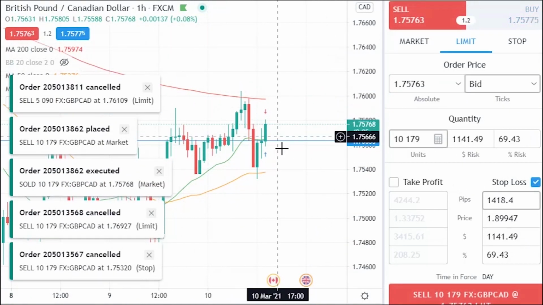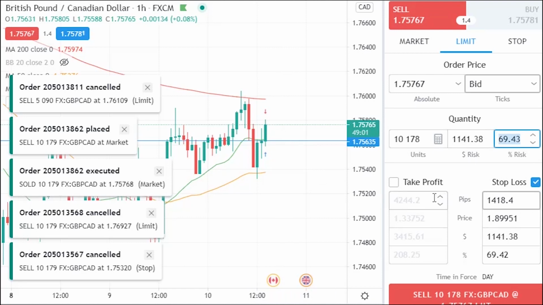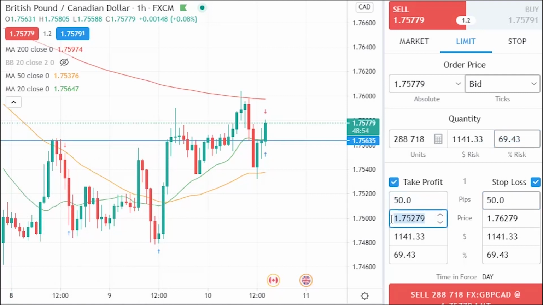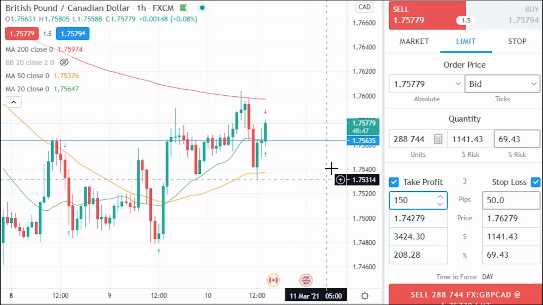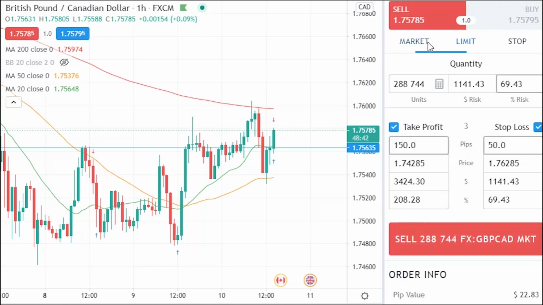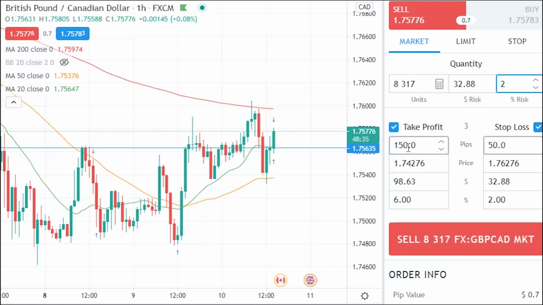Again, choose where the stop is first, then the risk percentage, then we copy, if it's 50 pips away, we would copy it over into take profit. I copy that number and save it, and then we change it to 150 for the final one and buy it. And then we go in and set our limit. Alternatively, you could just come in here and say, okay, this is where we want our stop, that's where we want our take profit. 2% risk, right? 3 times the risk.